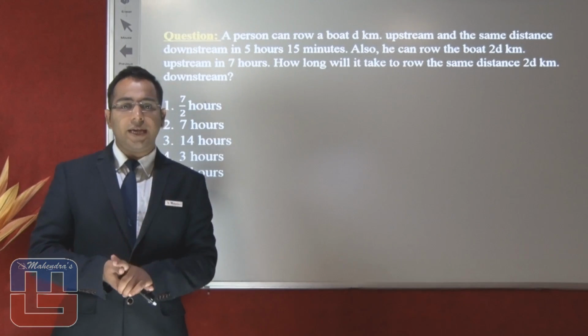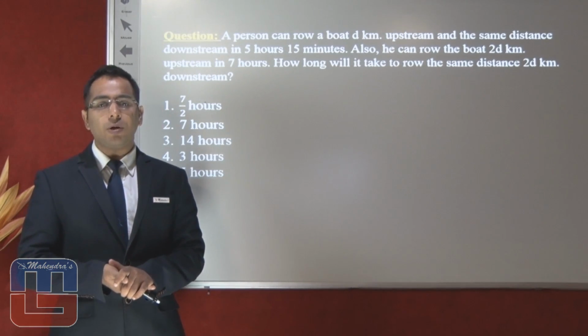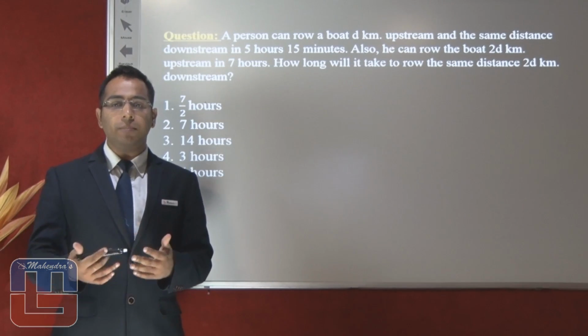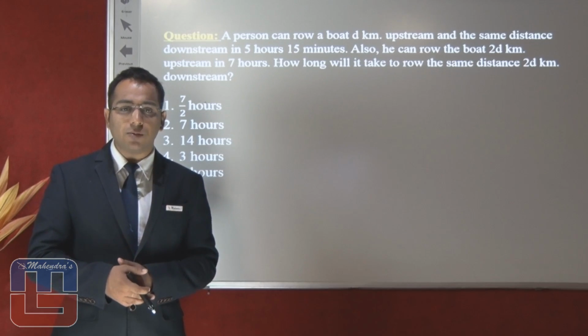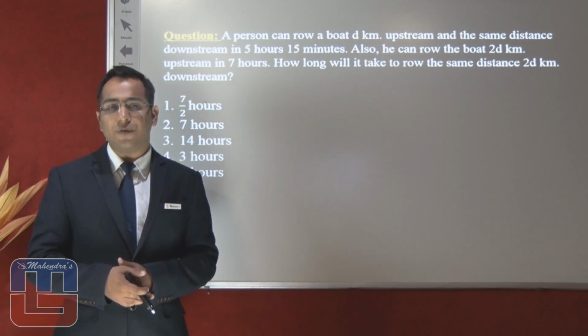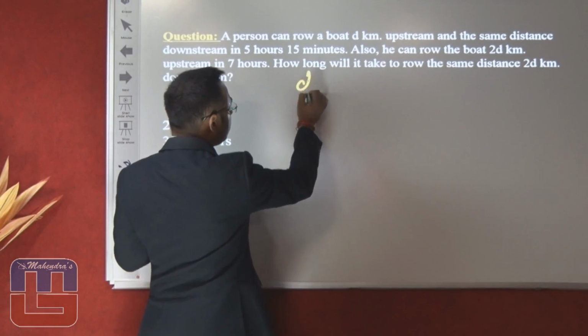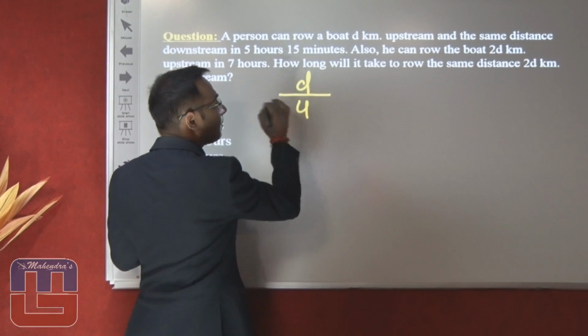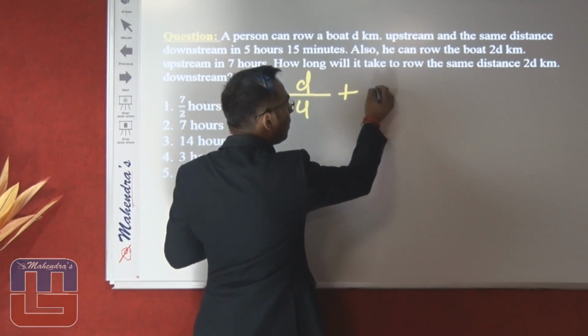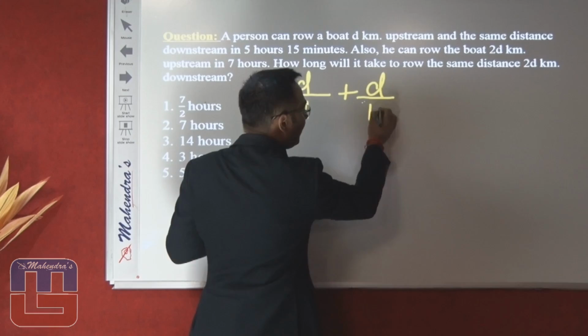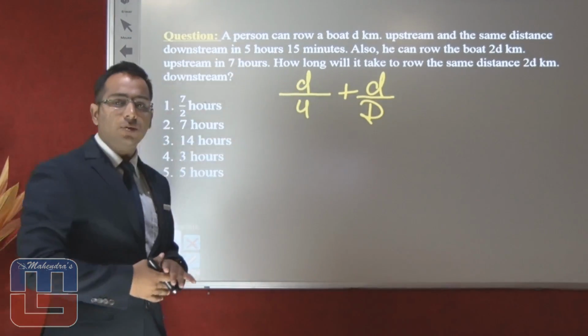The next question says, a person can row a boat d kilometer upstream and the same distance downstream in 5 hours 15 minutes. So the question is, d upstream, when he comes back the same distance he will be traveling downstream.